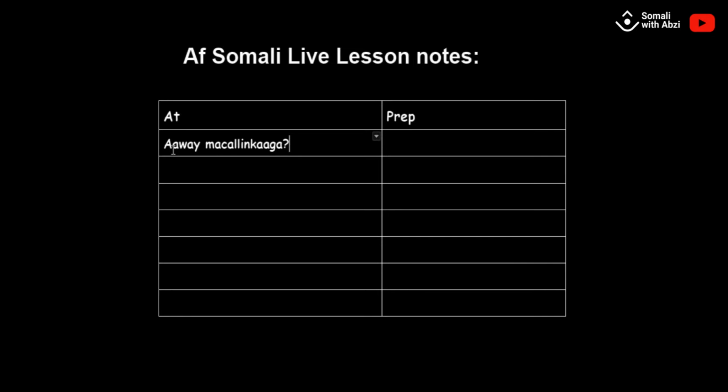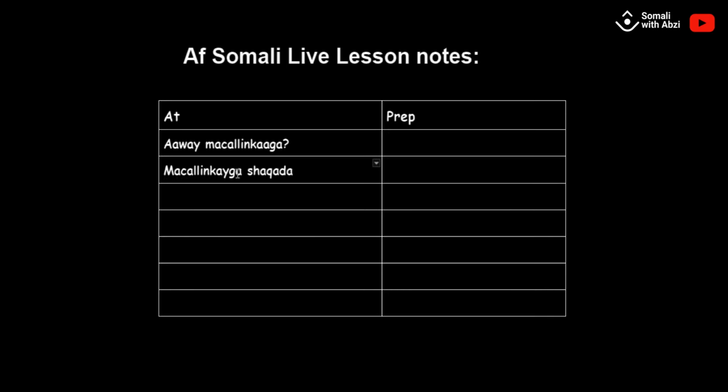Macalinkaaga. But starting with a noun is very useful. Macalinkaaga aaway. And then we're going to say, my teacher is at the work. For example, my teacher in Somali is macalinkayga. Then is at the work. Work in Somali is shaqo. So shaqada.